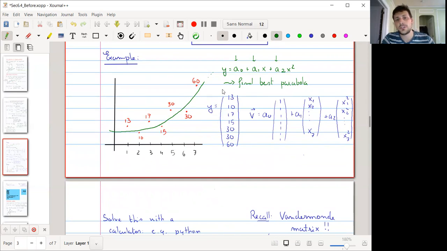Y will still be the same, containing the y coordinates of the data set: 13, 10, 17, 15, 30, 30, 60. But the entries of V will be given by the y coordinates of the green points that I'm highlighting now.